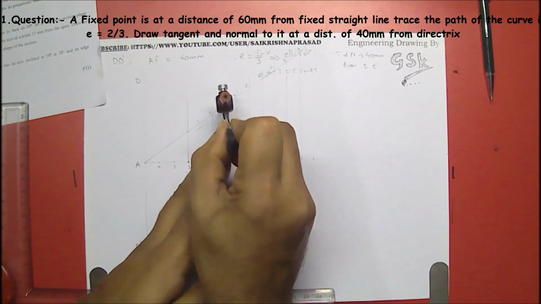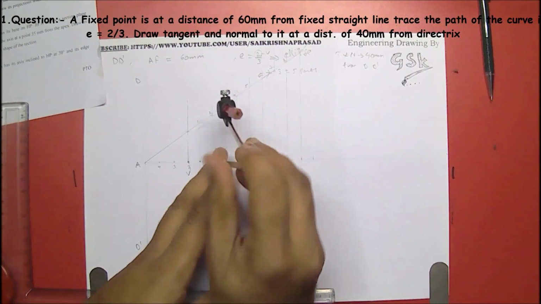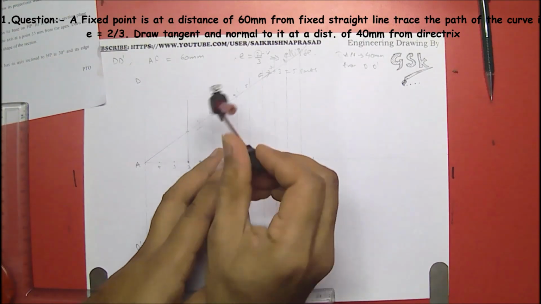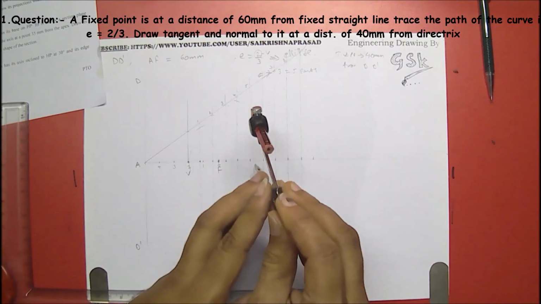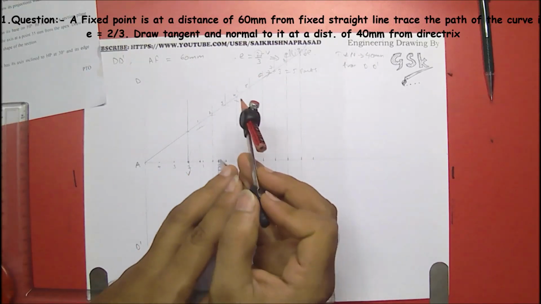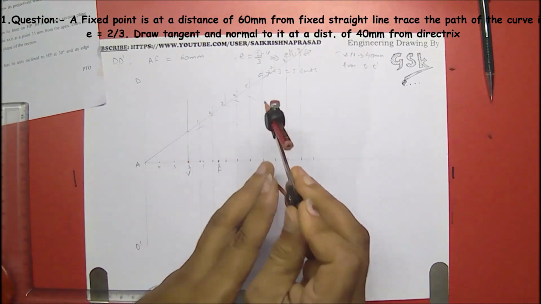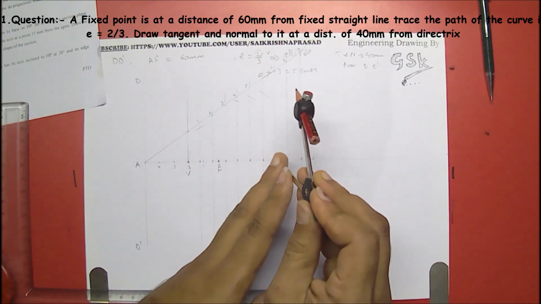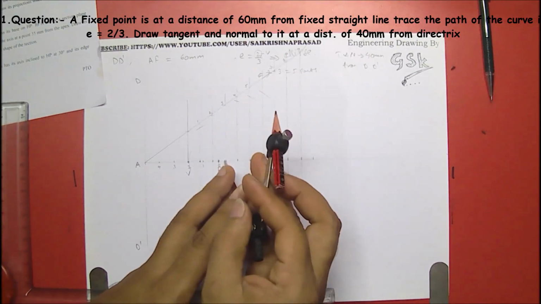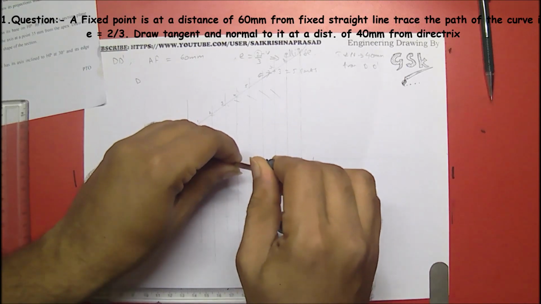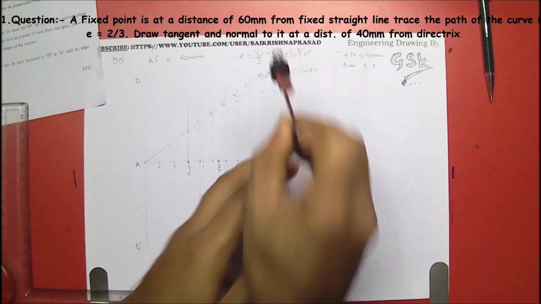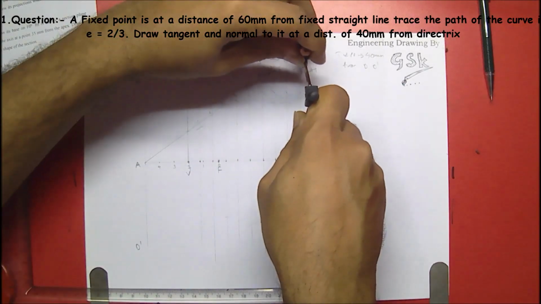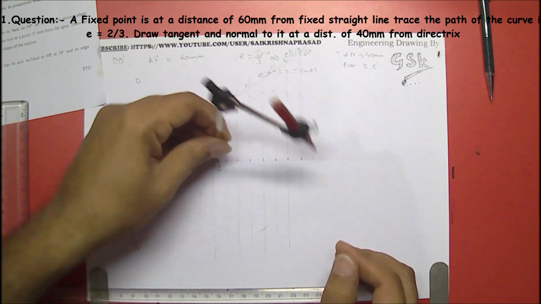Next, 3, keep on F, cut on 3. Next, coming to 4, cut the 4 line, keeping on F. Next, 5, next 6, 7, 8, 9, and so on.